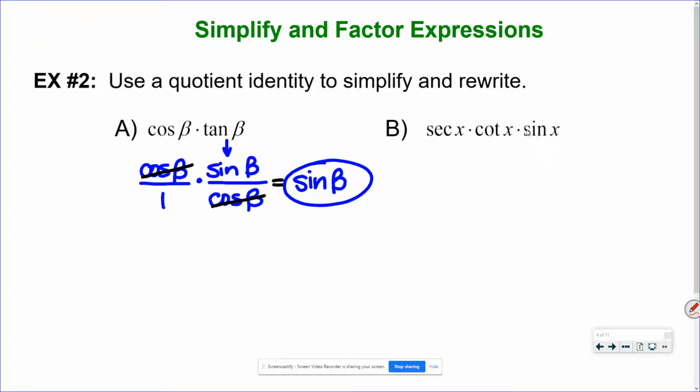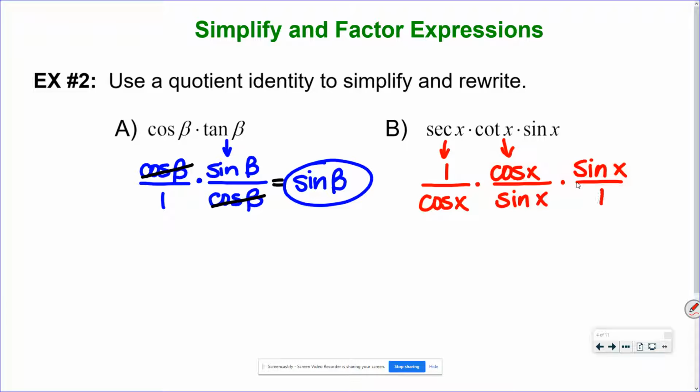Let's look at another. So over here, for example, B, I'm just going to think of whatever I think would be easiest to rewrite. I see secant, and I automatically think 1 over cos. I see cotangent, and I think either 1 over tangent or cos over sine. I think I'll go with that one this time. And then I'll just leave the sine x as sine x there at the end.